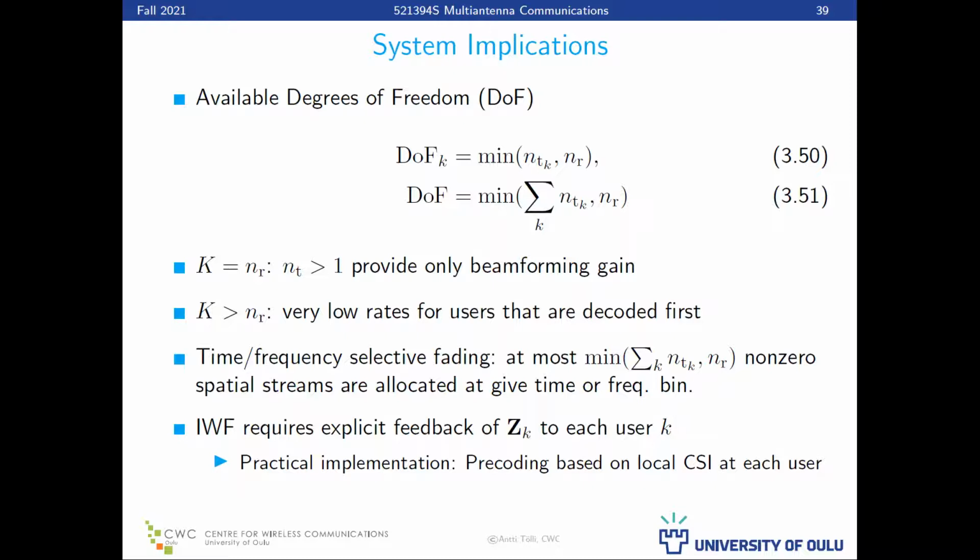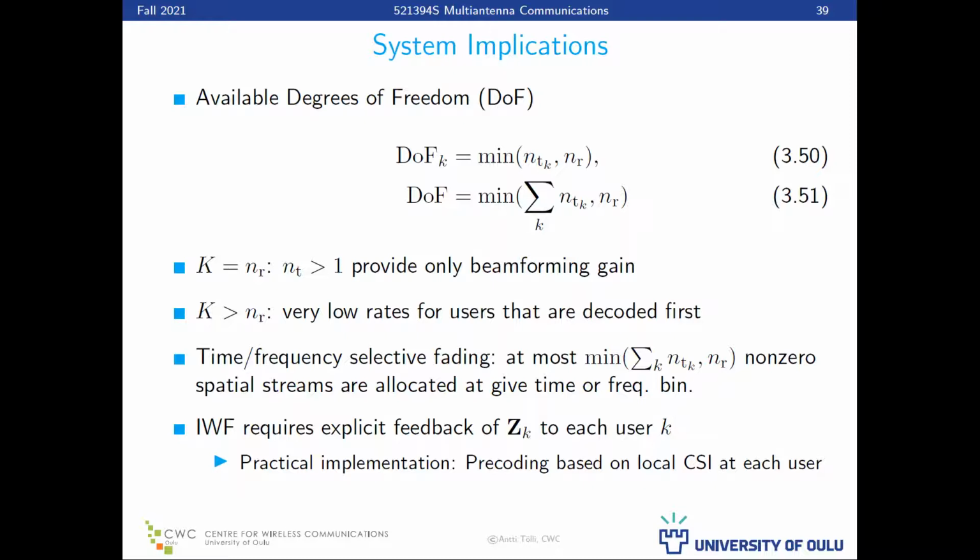If you have as many users as receive antennas, then having multiple transmit antennas, typically, because in uplink, every user, if you optimize the transmit covariance matrices for a single channel realization, and then you have the power constraint per user, you are kind of forced by the optimization to assign at least one stream per user, right?